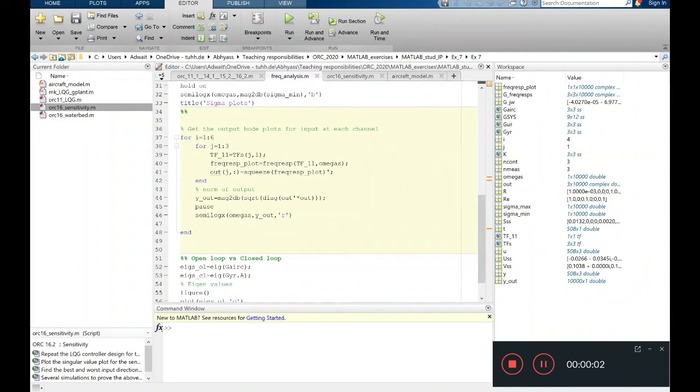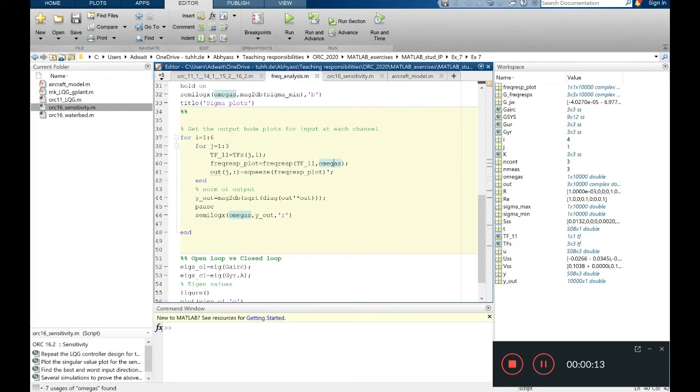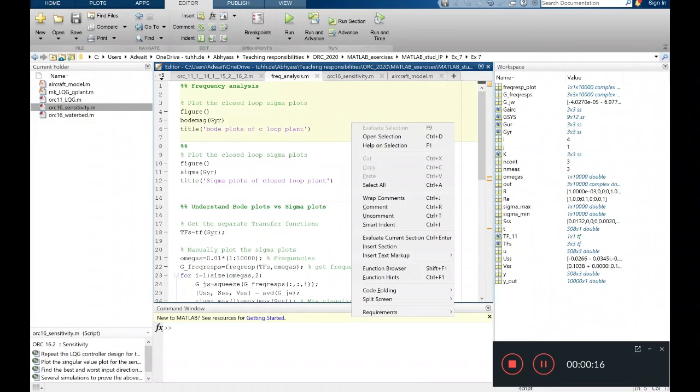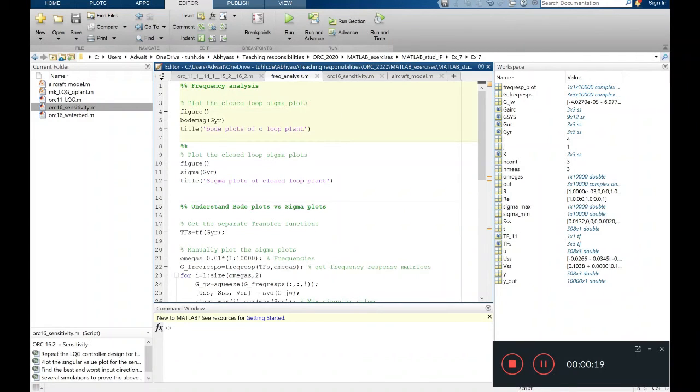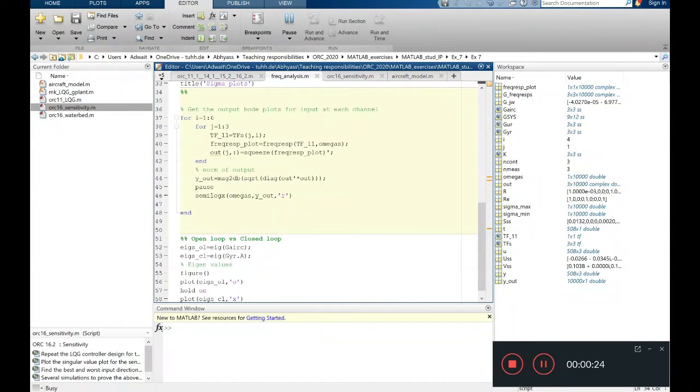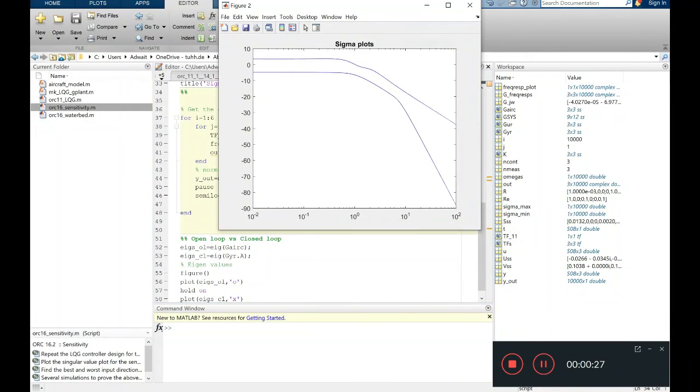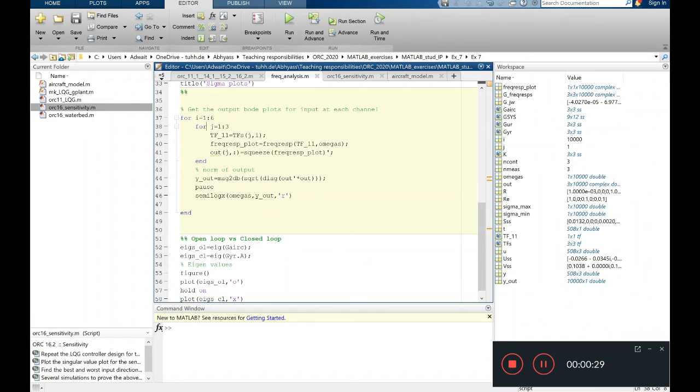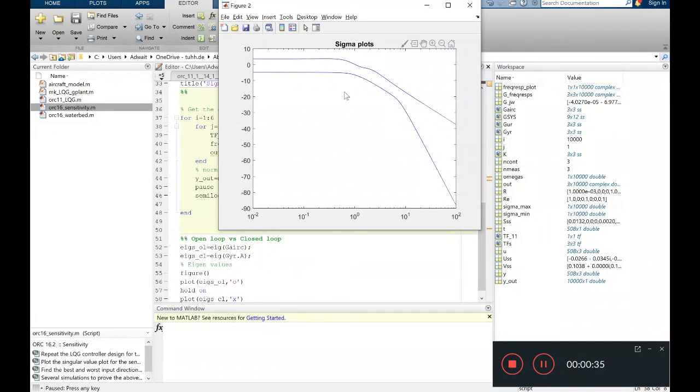So now let's look at the outputs for three different canonical directions that we saw, or that are used for the Bode plots, and this we plot here. So these are the sigma plots, and now for the first canonical direction, we get the output as shown now with the red.